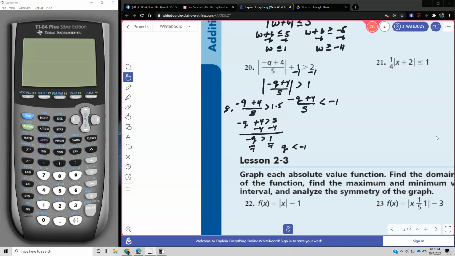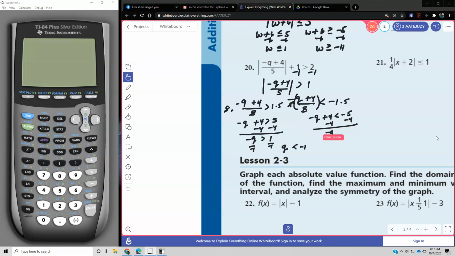For the second one, you're going to multiply by 5 also. Of course, these cancel. You have negative q plus 4 is less than negative 5. Subtract 4, subtract 4.